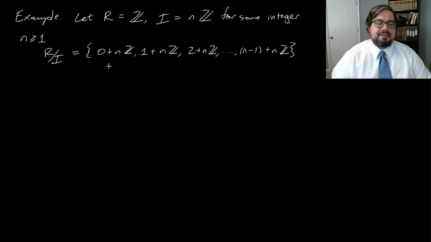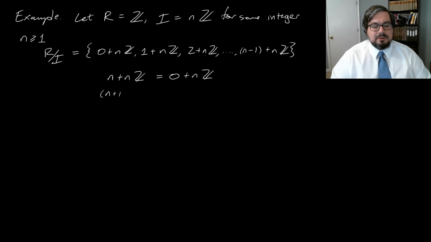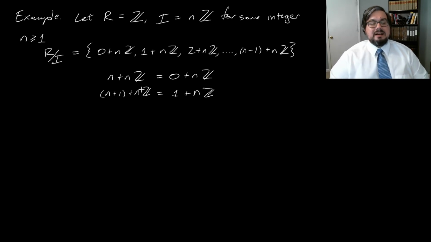But then notice that we can stop here, because if we went one more space along, we'd have n plus nZ, and n, whatever number this is, belongs to nZ. So that is the same as 0 plus nZ. And then the next one, n plus 1 plus nZ, would be equal to 1 plus nZ. And that's because belonging to the same coset of I is exactly the same as being congruent modulo n.